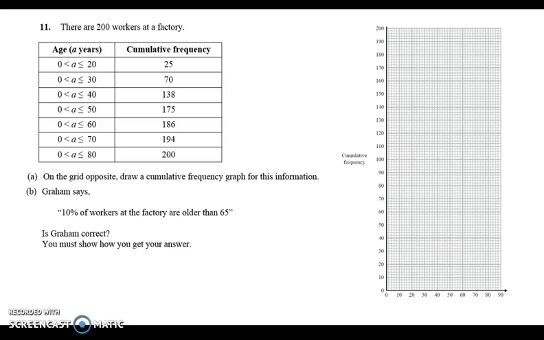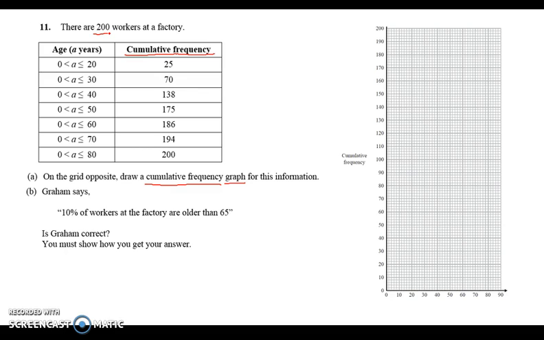Okay, question 11. There are 200 workers working in a factory, and we've got to draw on the opposite grid a cumulative frequency graph. The cumulative frequency column has already been done for us, which is handy, and 200 people working at the factory. So what you've got to understand with a cumulative frequency graph, it's a less than graph.